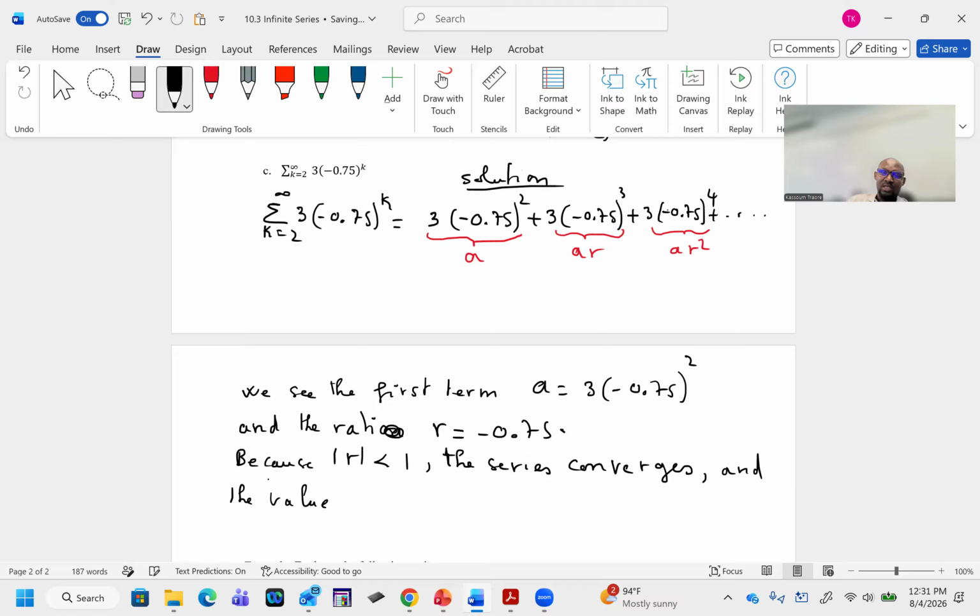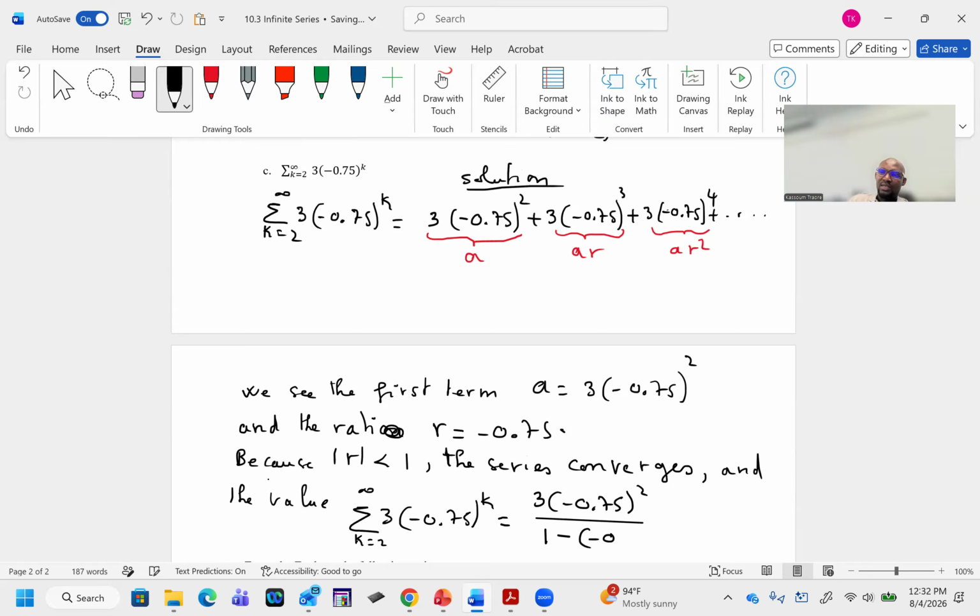The rule will not change. The value, which is the sum, k equals 2 to infinity, 3 times negative 0.75 to the power of k. The first term a is 3 times negative 0.75 squared, divided by 1 minus r, and r is what?